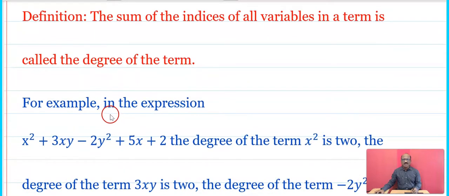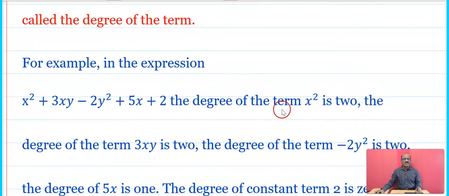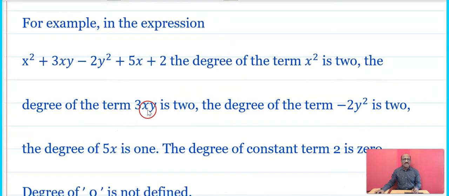For example, in the expression x square plus 3xy minus 2y square plus 5x plus 2, the degree of the term x square is 2. The degree of the term 3xy: the degree of x is 1 and y is 1, 1 plus 1, that is 2.